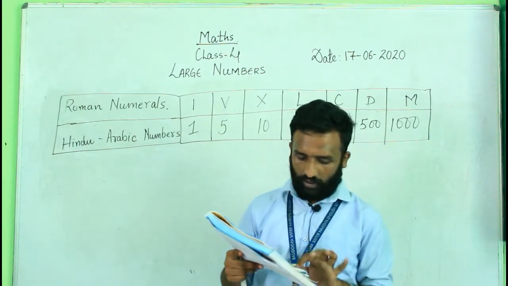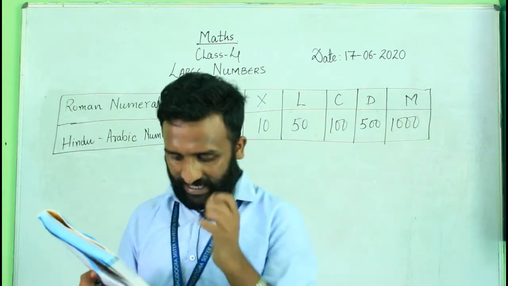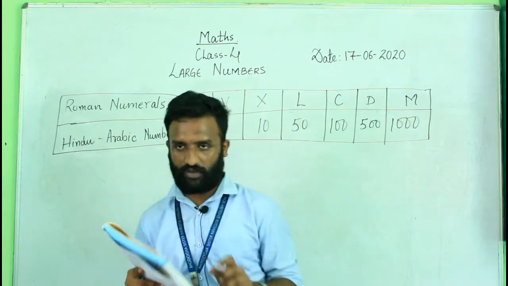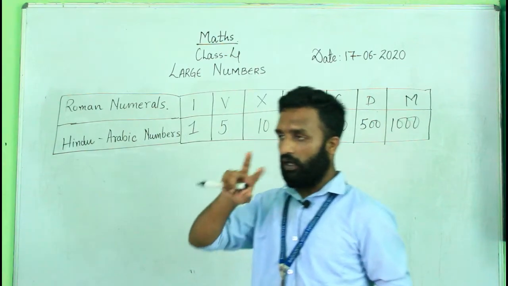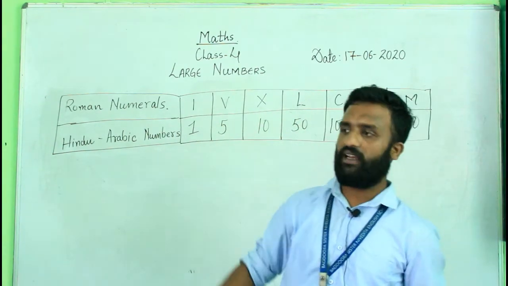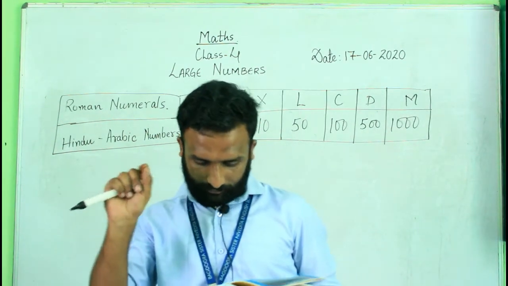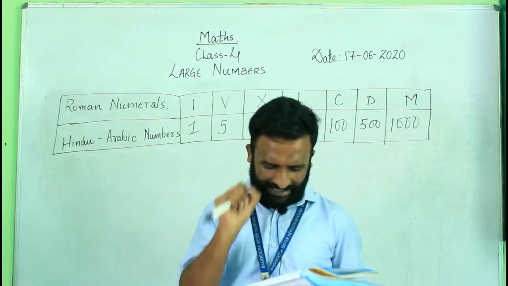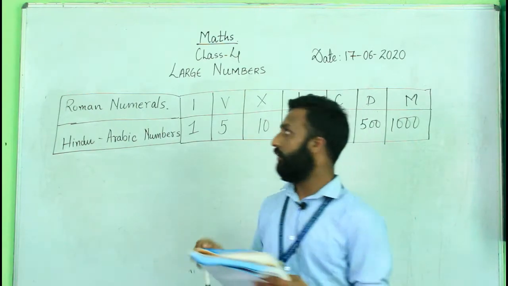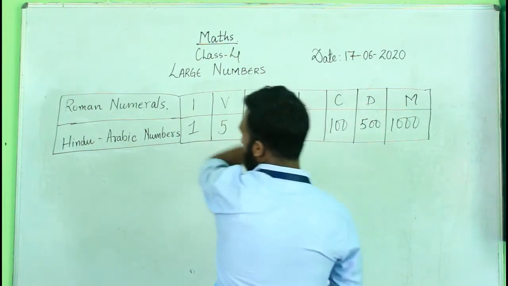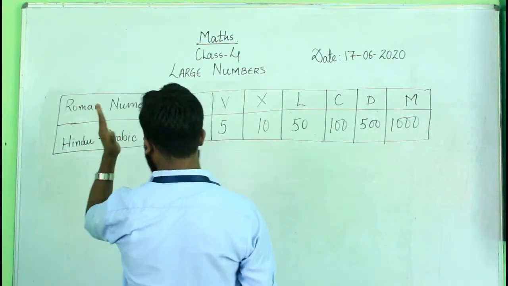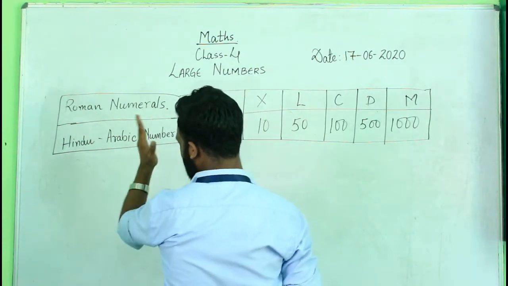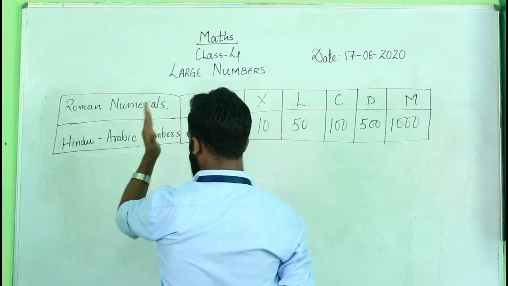Now here again, if a small letter is placed on the left of the bigger letter, it means subtraction. As at that time when the small letter was placed on the right of the bigger letter it was addition, in the same way, if the small letter is placed on the left, it means subtraction.